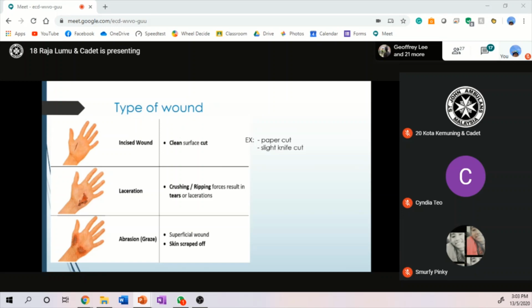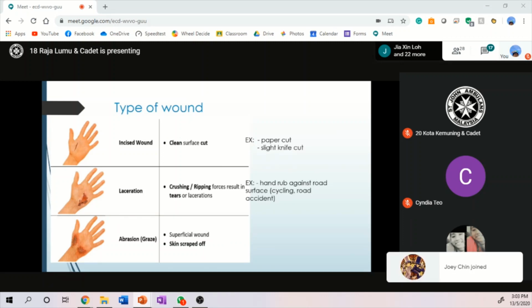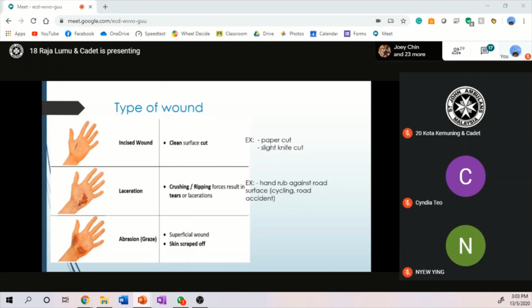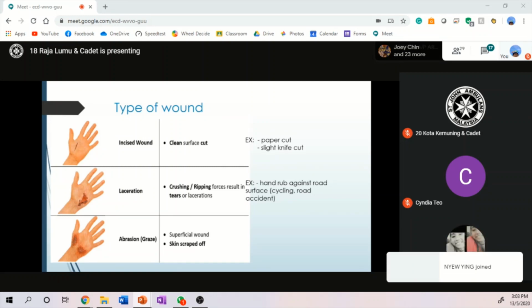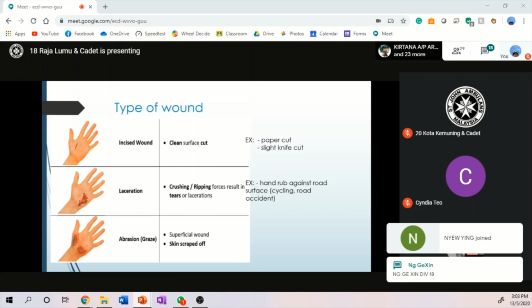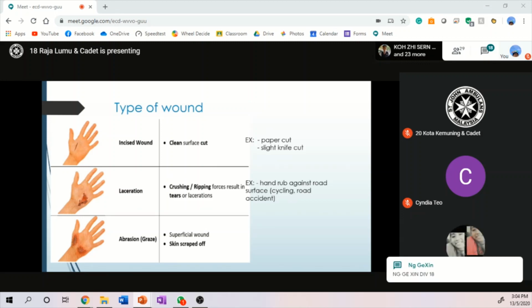And the second one is laceration. Crushing, ripping force results in a tear or laceration. For example, when you go cycling too fast, then you see a hot girl or handsome boy, and suddenly you lose control of the bicycle and have an accident.